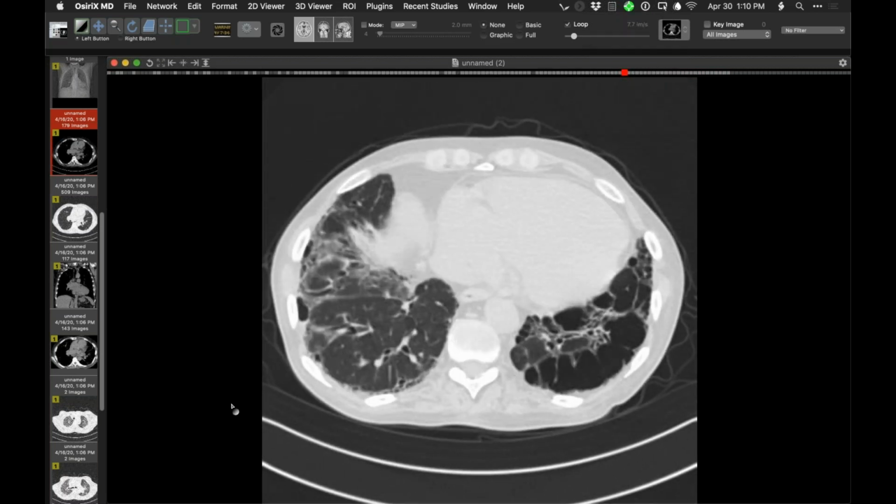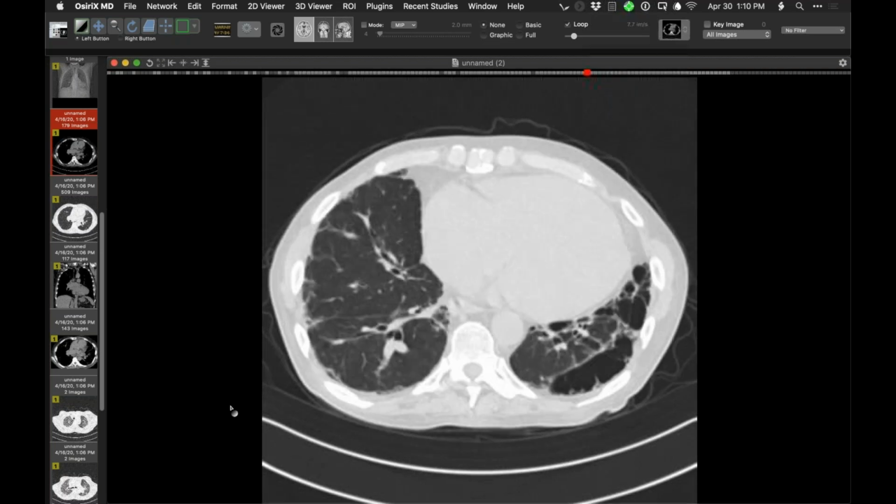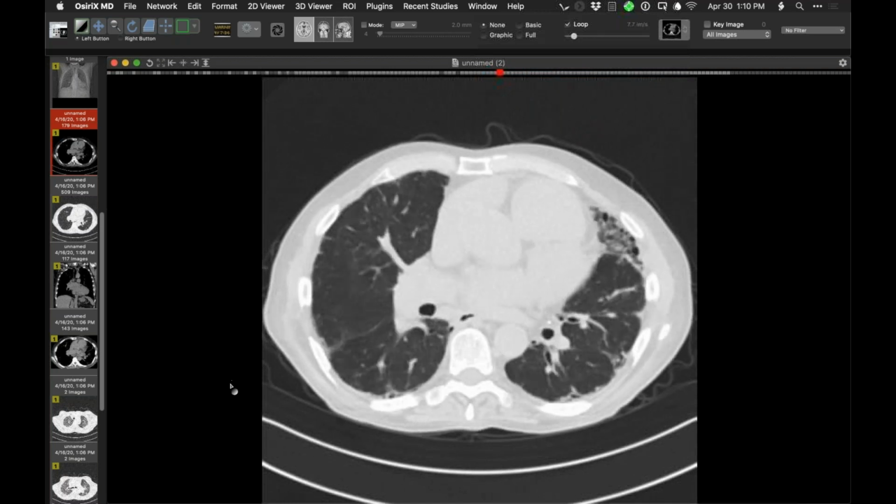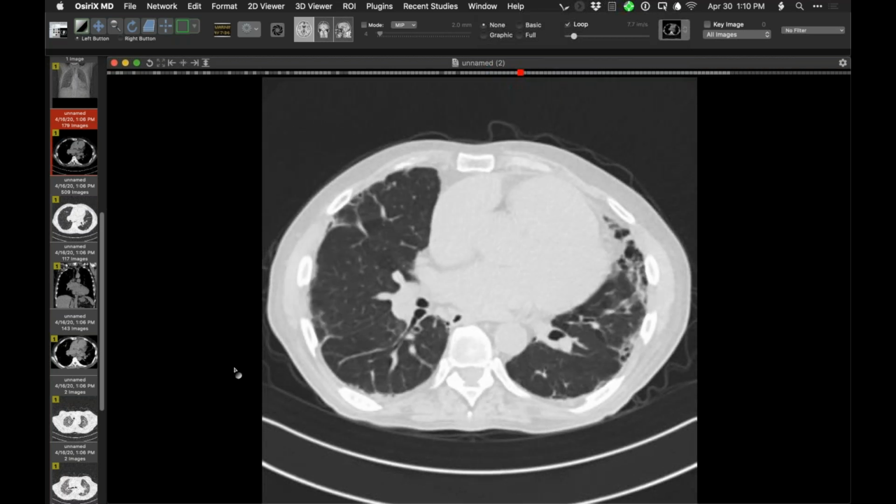So this person has both diseases and rather severe, as you can tell from the hands and the lung.